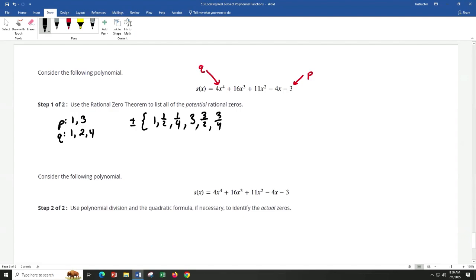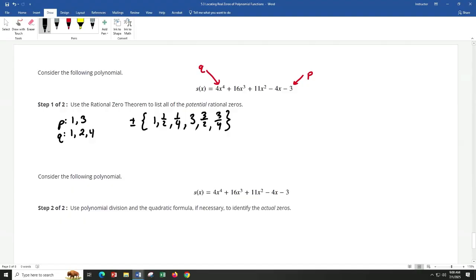Don't do the positive and negative, but how many numbers did I get? 6. You want to know if you did it right? What's 3 times 2? 6. That's how many numbers you're going to get every time. So if you have anything less than that, tell yourself, oh, I'm missing some, and go in there and look and see why.